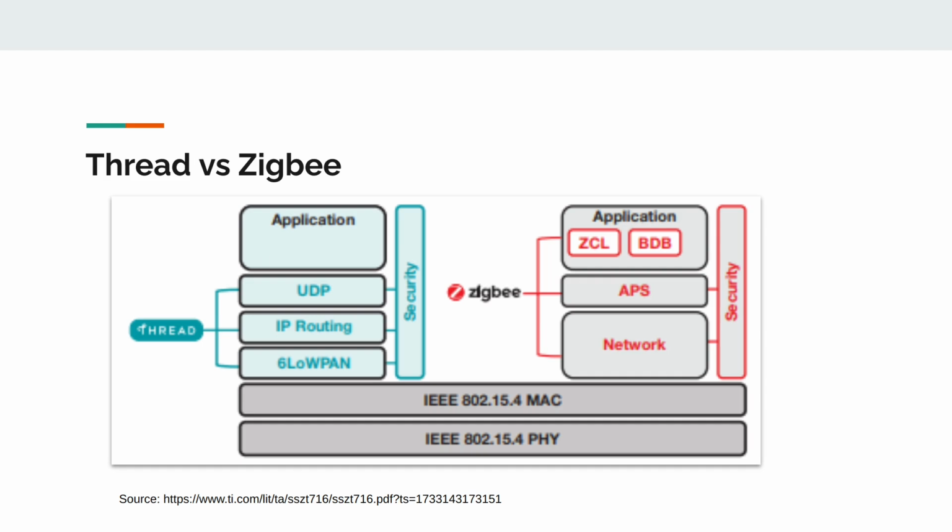The upper layers are then the same, and the border routers are very simple. In Zigbee, the border router is a bit more complicated because it needs to translate, I guess at the network layer as well, from Zigbee to IP. In Thread, the traffic is already IP, so you just need to translate the lower layers.